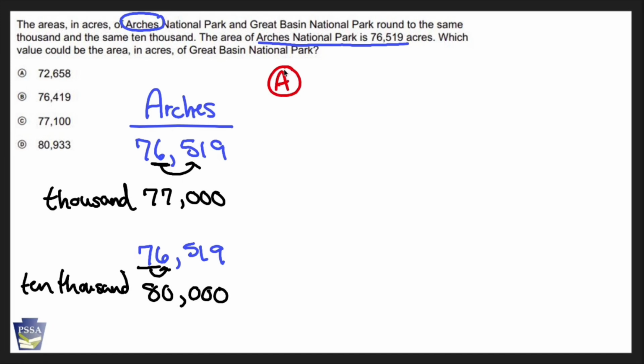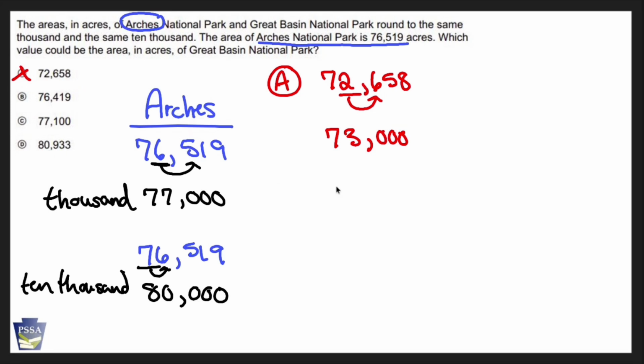So let's check A, which is 72,658. Start at the thousands place value because that's what I'm doing first. Look to the right of it. 5 or above, give it a shove, gets me 73,000. I was supposed to get 77,000. A is not my correct answer.